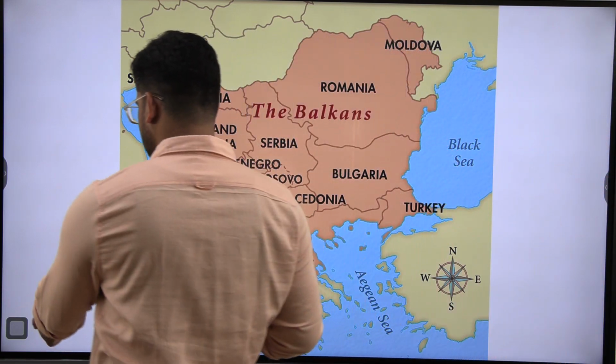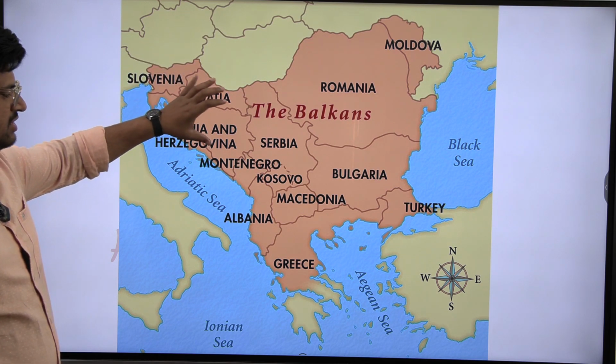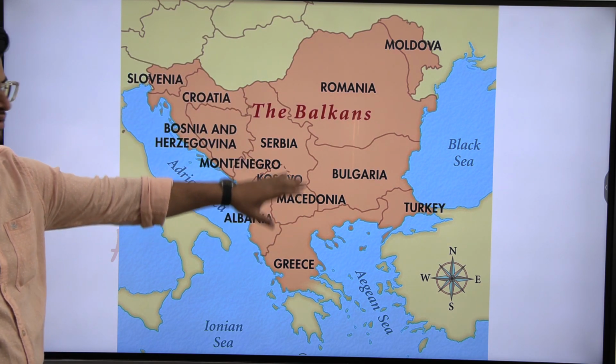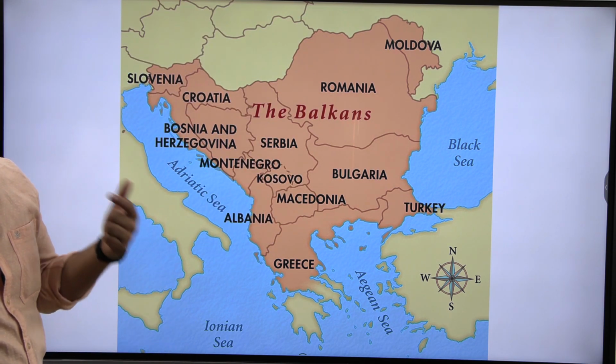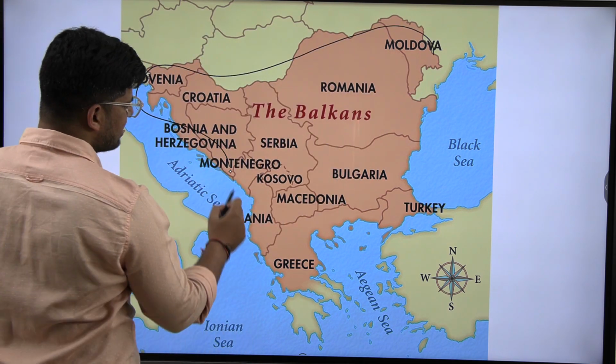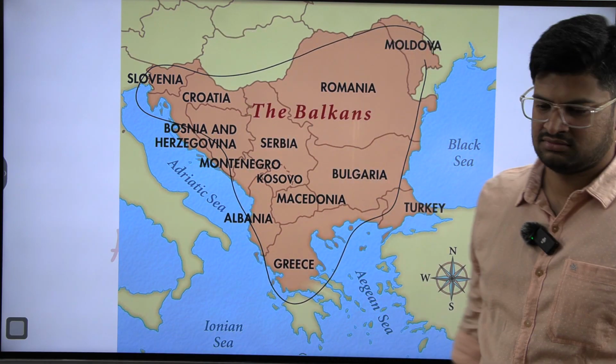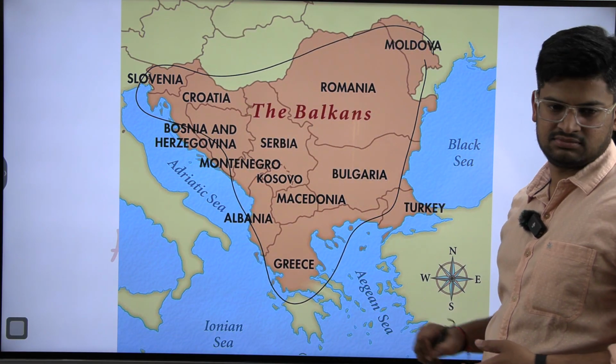Then Balkan Peninsula, it is in Europe. Okay? Slovakia, Croatia, Albania, Greece. So these are all Balkan countries. We call them Balkan countries. If you remember, I have told you that karst topography can be seen in this Balkan Peninsula near Yugoslavia, this region.